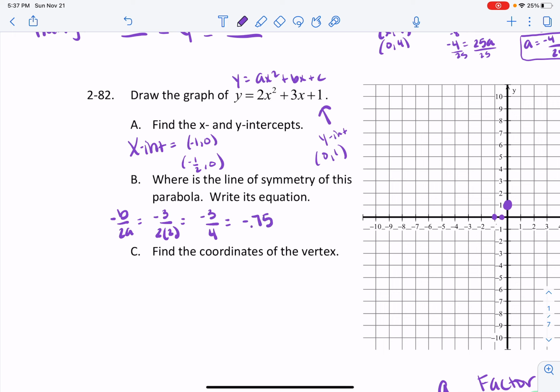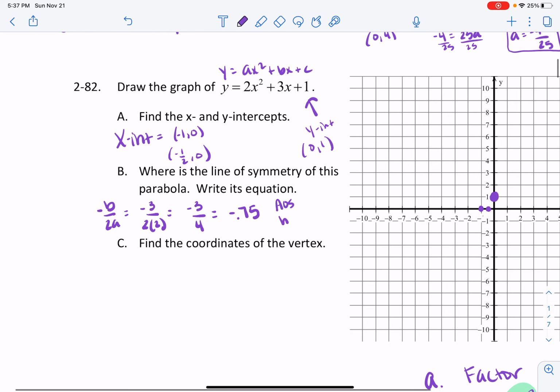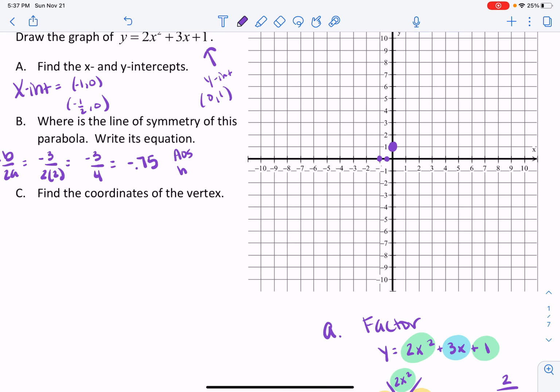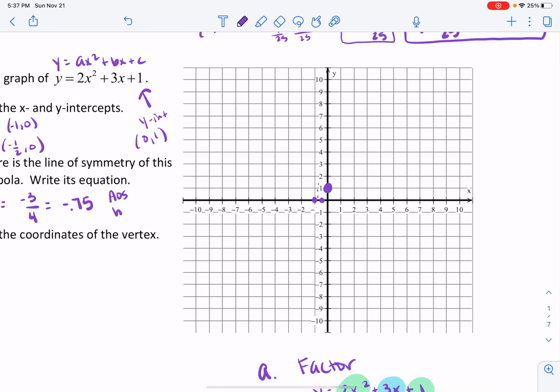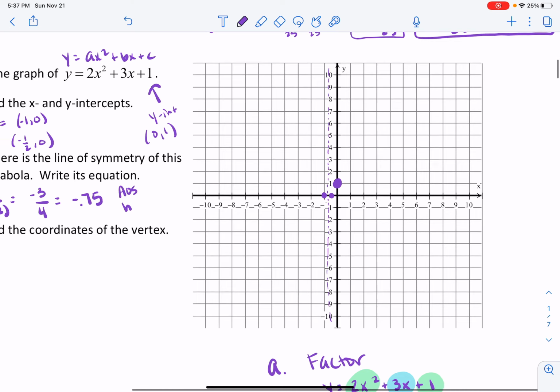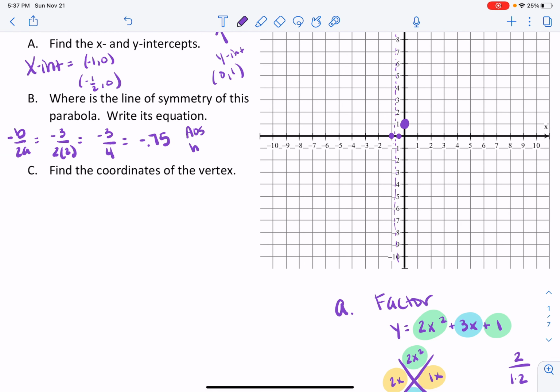Okay, so that is our axis of symmetry and our h, part of the vertex. So negative 0.75, so that's like right in between these here, which of course it has to be a difficult one with these decimals. So just do your best with sketching that out, because of course it had to be that way.